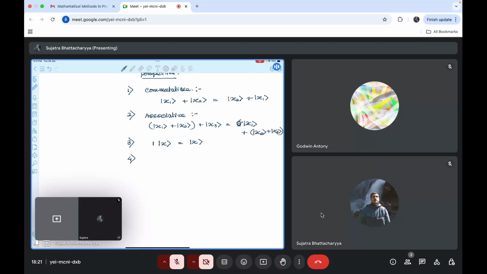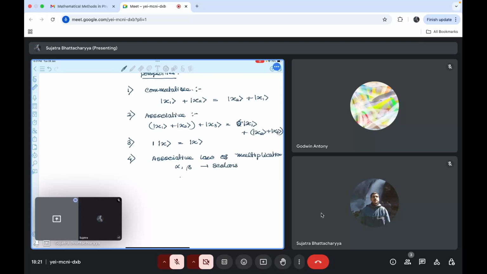The fourth one is the associative law of multiplication. Let us consider alpha and beta as scalars.